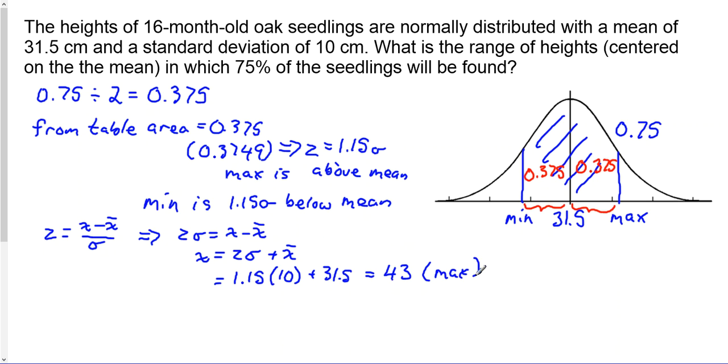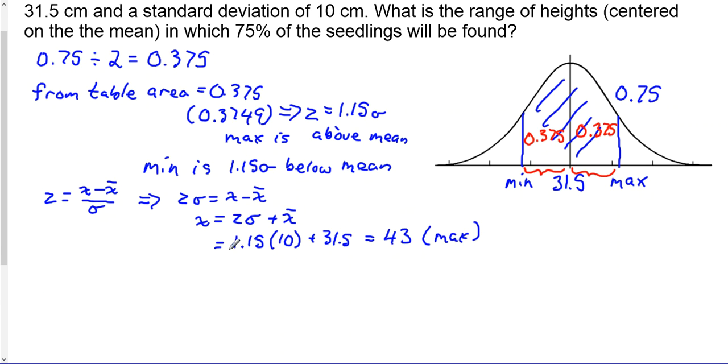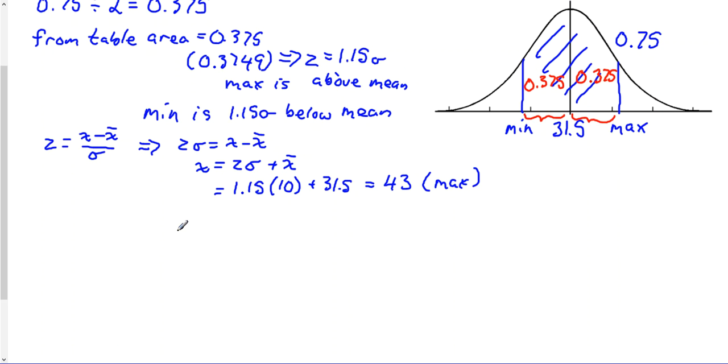Now, for the minimum value, we know that it's going to be the same distance below the mean.